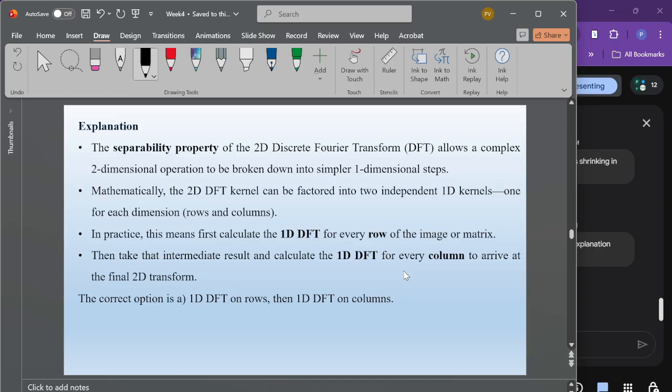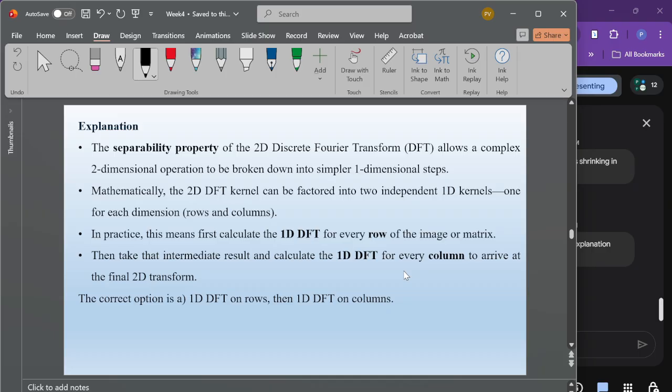This means first we calculate the 1D DFT for every row of the image, or matrix, and then take those intermediate results and calculate the 1D DFT for every column to arrive at the final transform. So the correct option is 1D DFT on rows, then 1D DFT on columns.